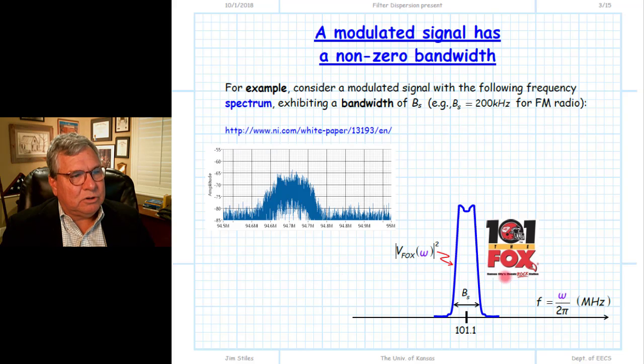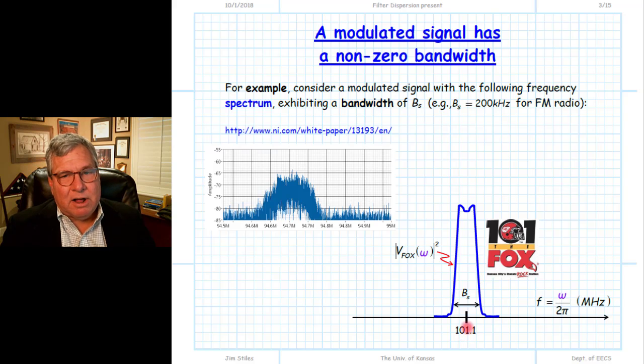So if we were to look, on a spectrum analyzer, at the spectrum of 101, the Fox, 101.1 megahertz, we would see something like this. Again, the horizontal axis is in frequency, hertz, cycles per second. In this case, we'll say it's megahertz, since the FM dial goes from 88 to 108 megahertz. The Fox is centered at 101.1 megahertz.